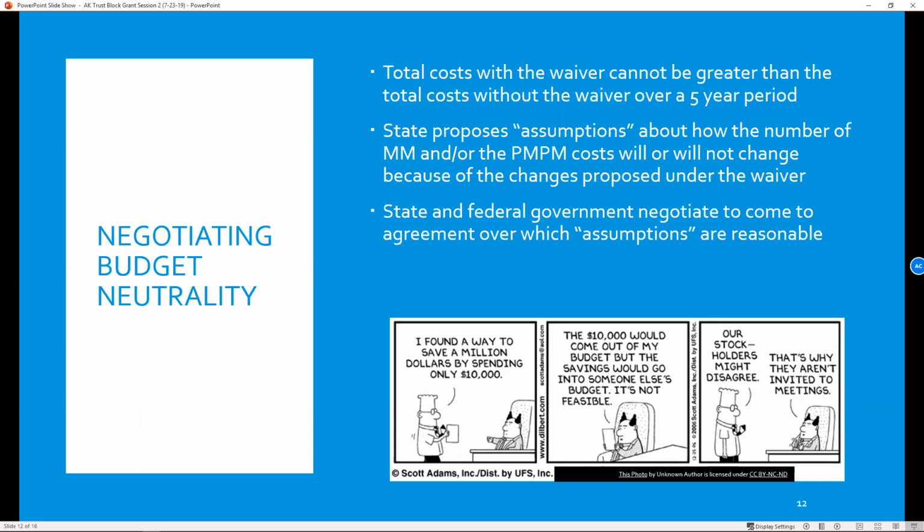So they might be greater in year 1 and year 2 if the waiver is front-loaded in terms of federal dollars flowing into the state, but over 5 years, the federal government can't be spending more with the waiver in effect than it would have if there were no waiver granted.